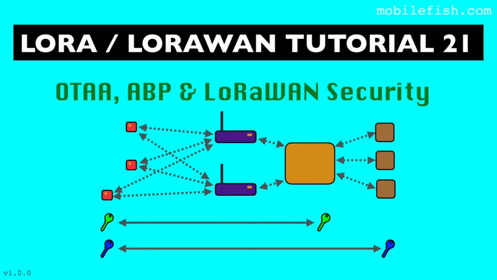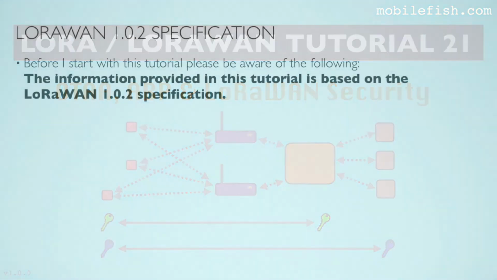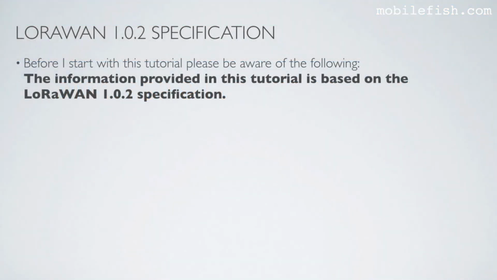In this tutorial, I will explain how over-the-air activation and activation by personalization works. Before I start with this tutorial, please be aware of the following. The information provided in this tutorial is based on the LoRaWAN 1.0.2 specification.